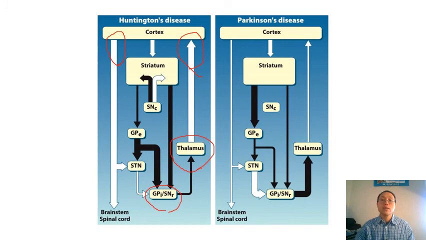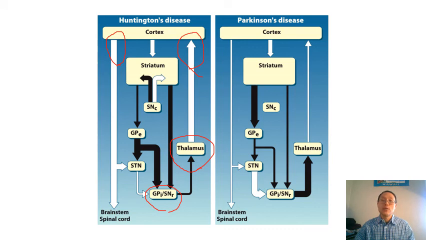Okay, now Parkinson's disease is pretty much the opposite result, but the mechanism behind it is not the same. Parkinson's disease primarily reduces the activity along the direct pathway. This is because the substantia nigra pars compacta activity, which you're not seeing here, is greatly reduced.